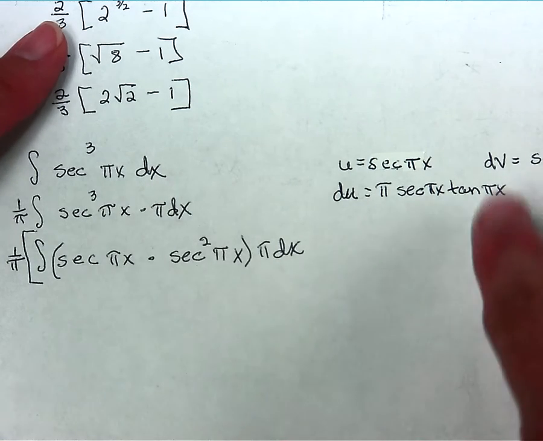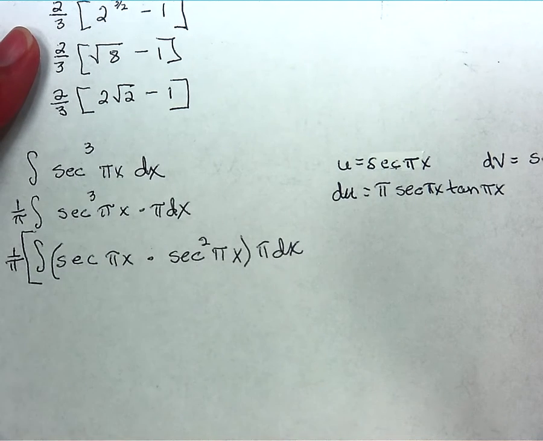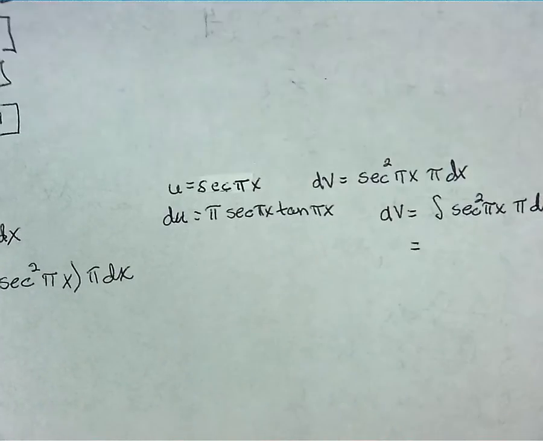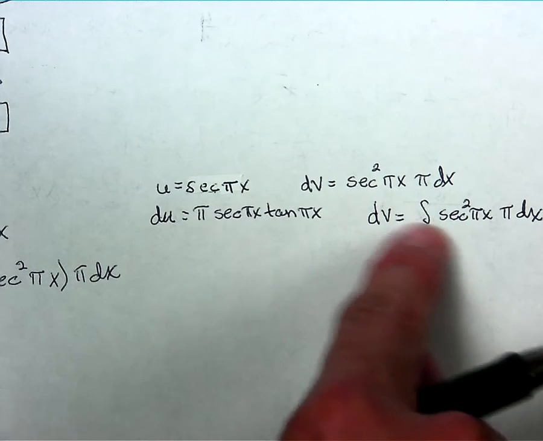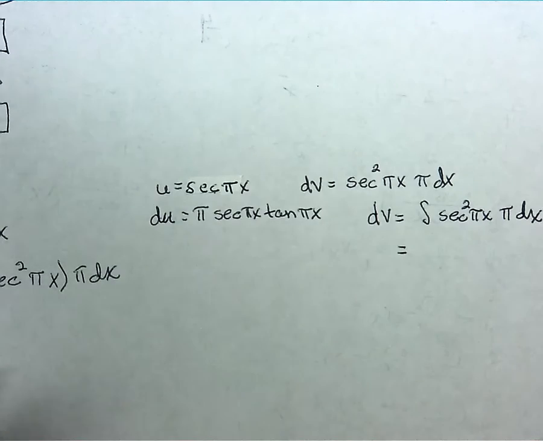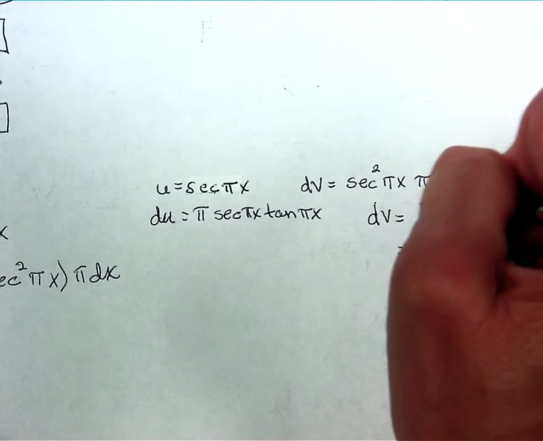What about the antiderivative of secant squared pi x pi dx? What is that? Do I need to put a 1 over pi out front or something? No, because I did it. So that's just tangent pi x.